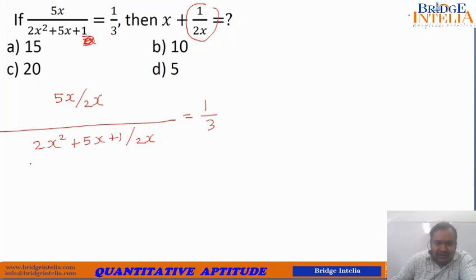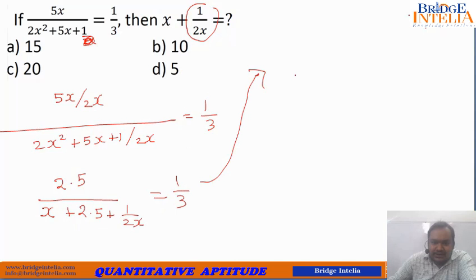So 5 by 2, that is 2.5, whole divided by 2x square divided by x, which comes out to be x. 5x divided by 2x, again 2.5, plus 1 upon 2x. This is given to us as equal to 1 by 3. So it is given to us that 2.5 divided by x plus 1 by 2x plus 2.5 is equal to 1 by 3.